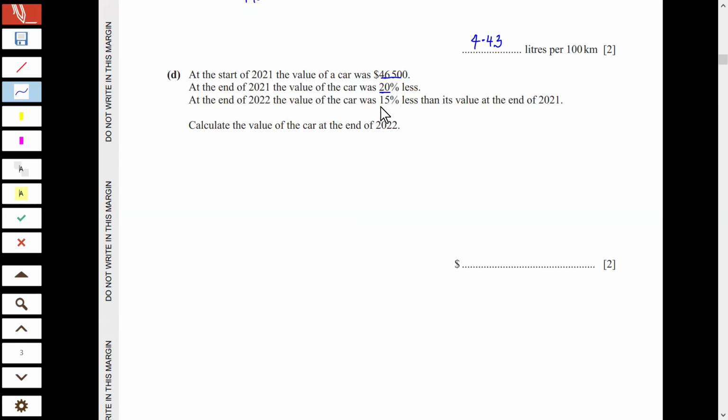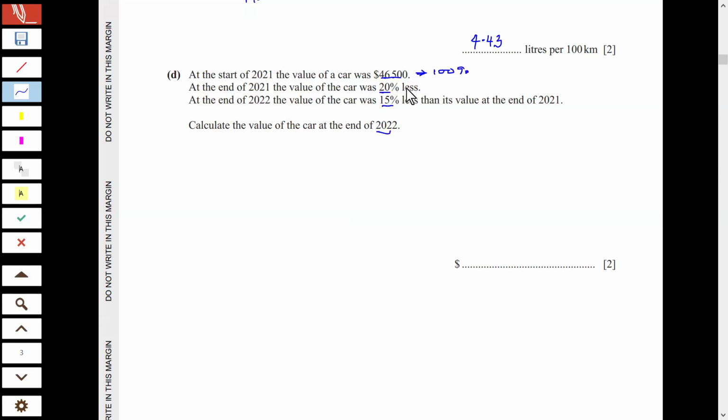And at the end of 2022, it further depreciated by 15% less than the value of 2021. So we're to calculate the value of the car at the end of 2022. Now, let's consider the original value of the car as 100%.